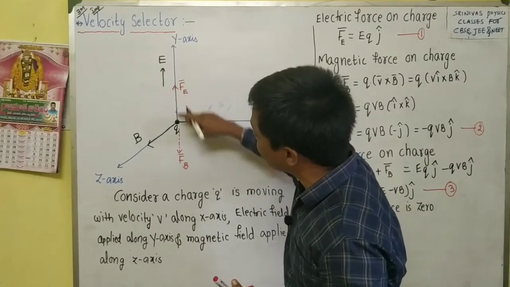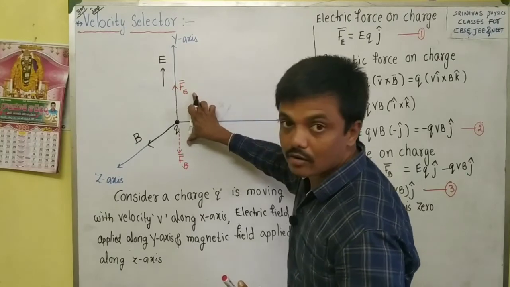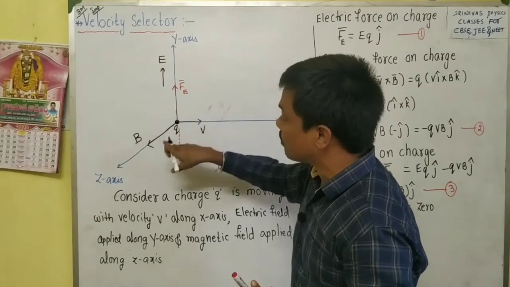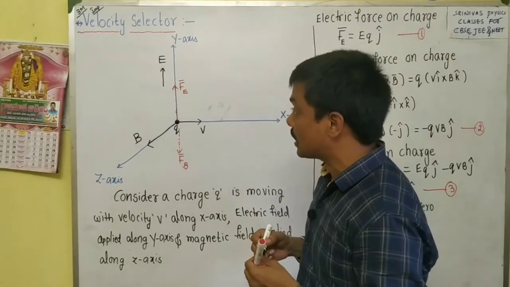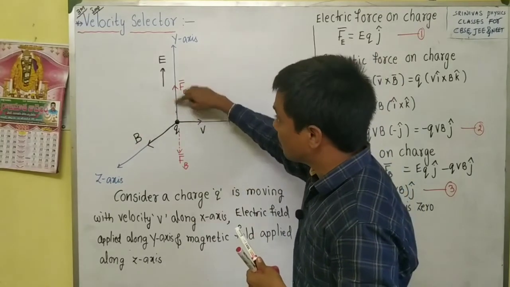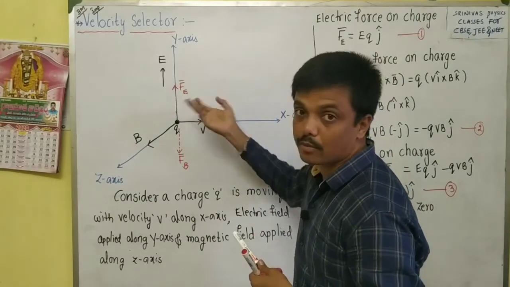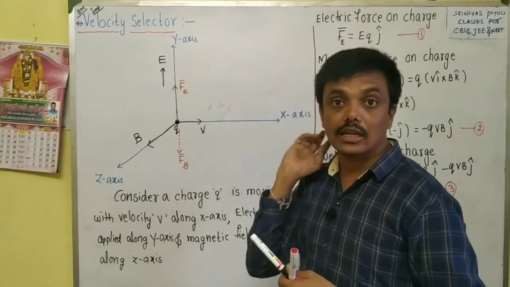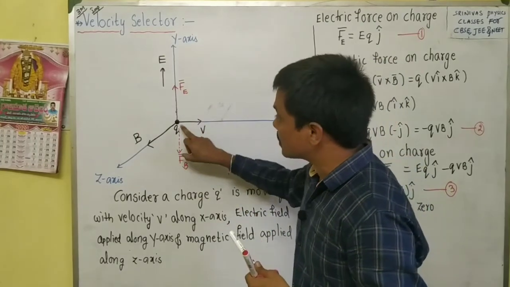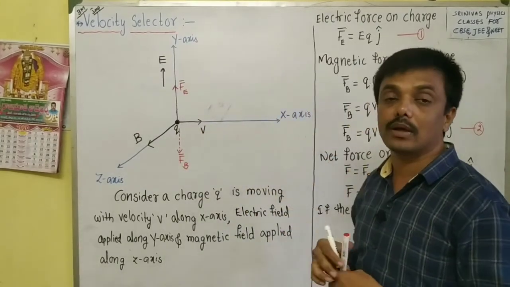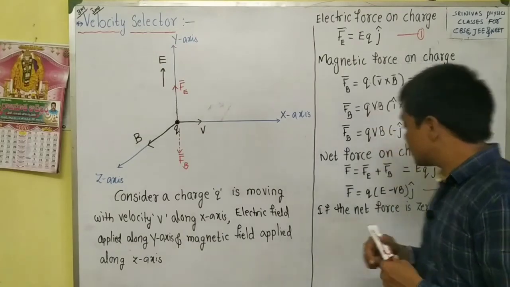Then make the electric force and magnetic force equal. When the charge moves in electric and magnetic fields, two forces act: one is electric force and the other is magnetic force. When they are equal and opposite, they cancel each other and the net force becomes 0. Then the charge will continue in the same direction with the same velocity.